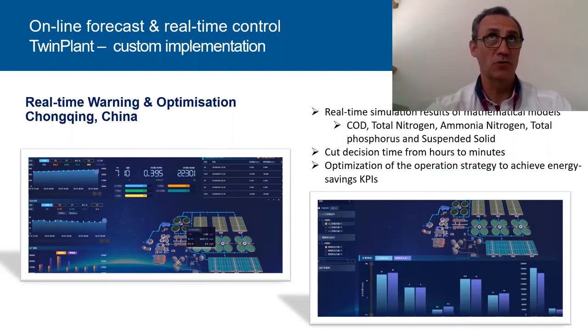The optimization modules could also be integrated in that, but this is a little bit beyond the technical scoping here. If you have any questions about it, I will come back to that later. So this is how the twin plant is implemented in the final stage.